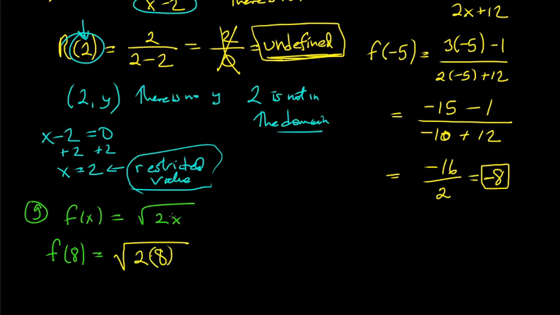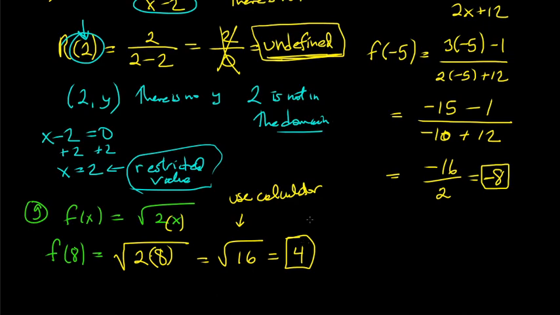It's 2 times x, so it's 2 times 8, which is 16. But then they want the square root of 16, which is 4. And if you didn't know that, you're welcome to use your calculator for the square root of 16. So the answer is 4.